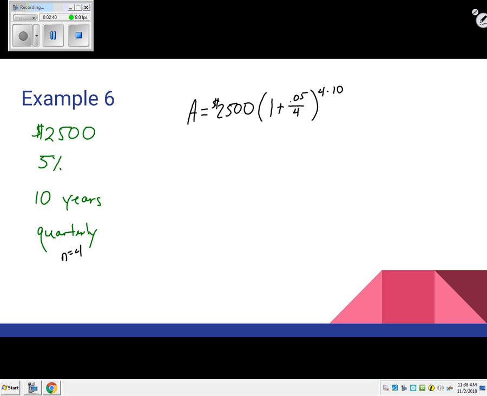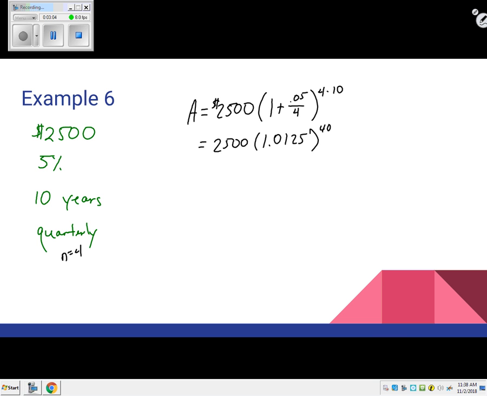Before I go too far into this, I'm going to show you that this is very similar to the part 1 video. I'm going to do the parenthesis work first. Take 0.05, divide it by 4, and add 1. I get 1.0125. That's just a growth factor.